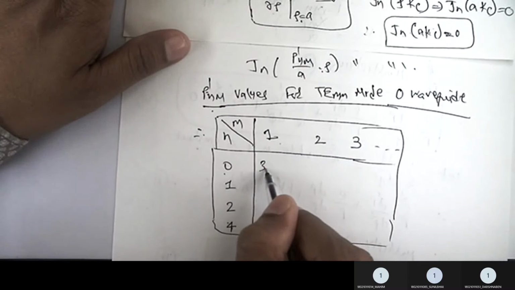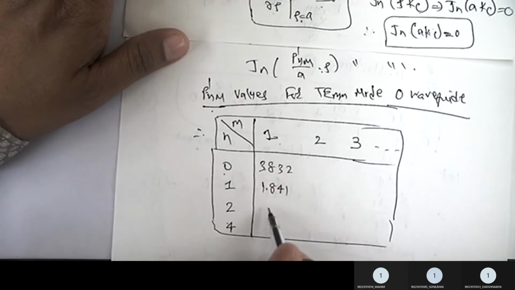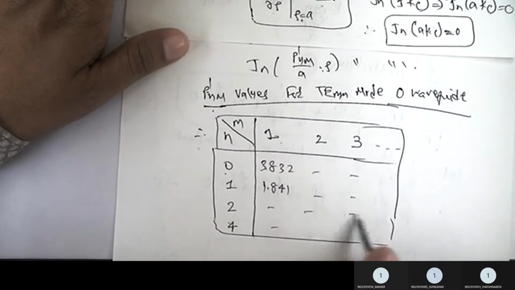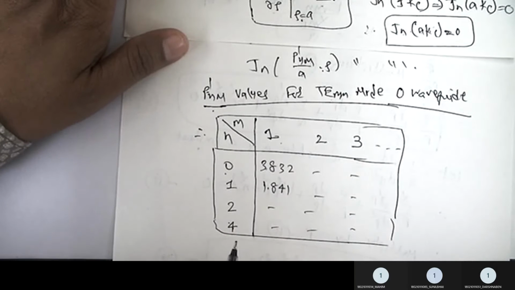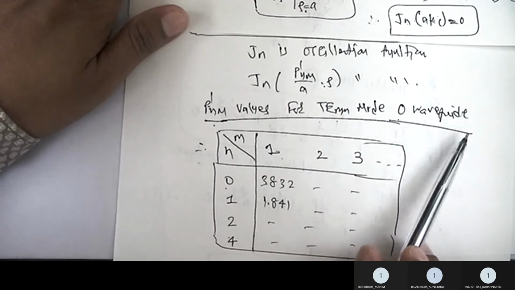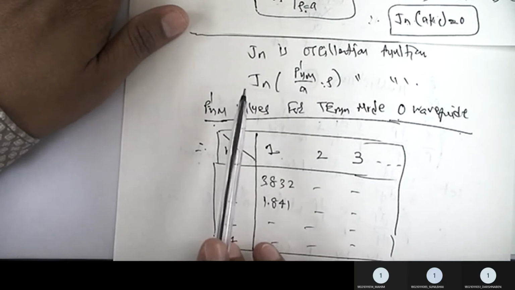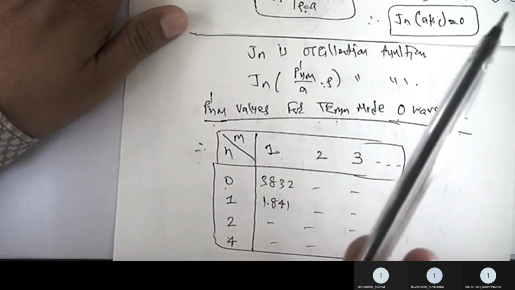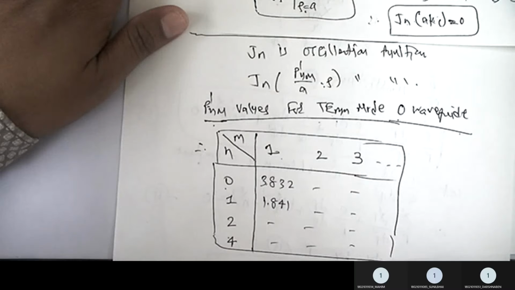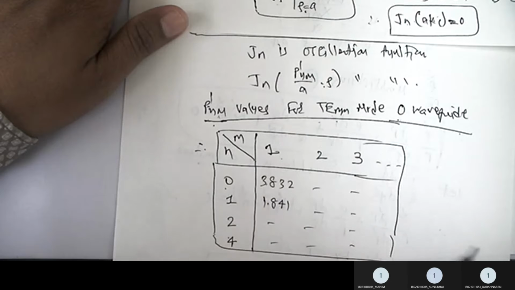So these numbers are, for example, 3.832, here it is 1.841. Similarly you have some numbers. So these numbers express that for the TE_nm mode for a circular waveguide, this oscillating function has to be 0. So for that case only; it's not that for all possible p'_nm values you will get the TE_nm modes.